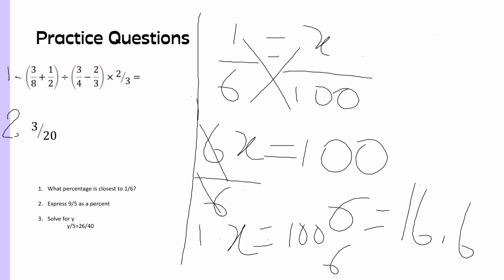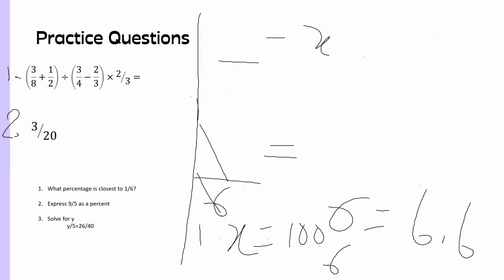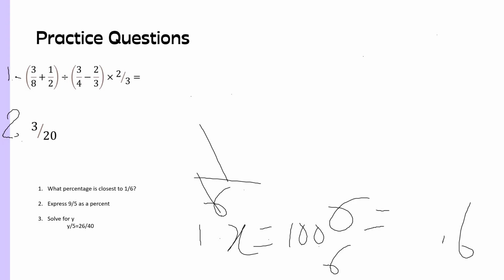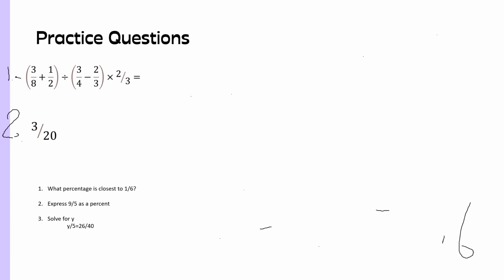Okay, let me do the long division to show you how we come by 16.6. Enjoy your writing, guys. When you're doing math, you gotta write. Alright, cool. Now you have 100 divided by 6. How you do that?